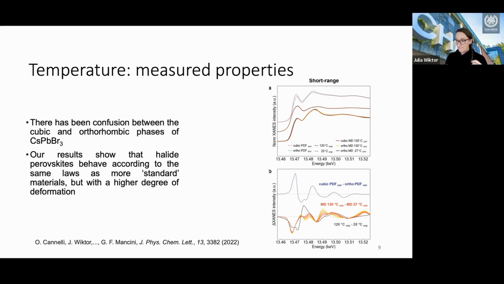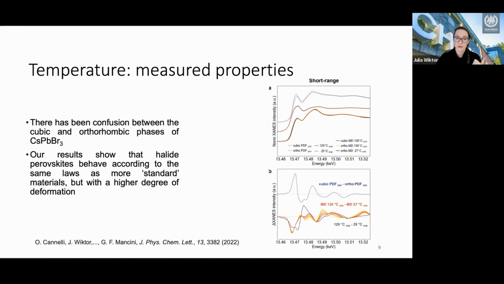And in some measurements at high temperatures, the measurements don't seem to represent the cubic structure. So some people could think that these materials are not really cubic at high temperatures, they are something else.